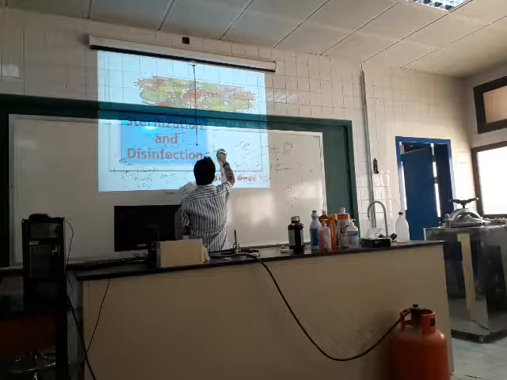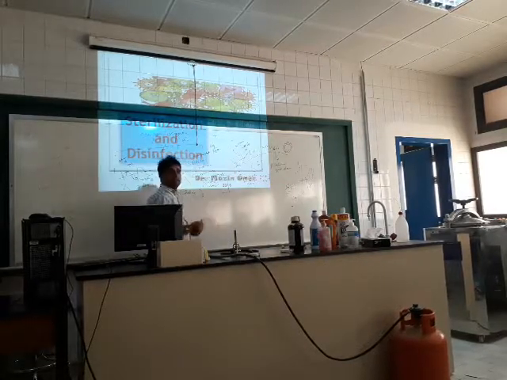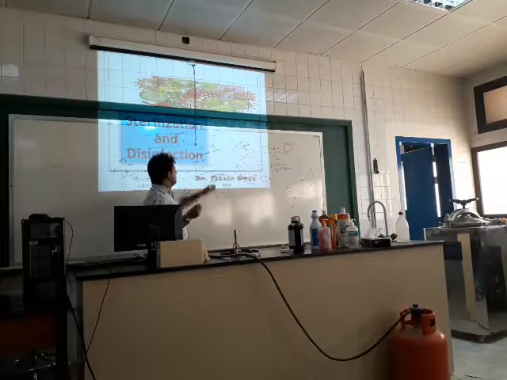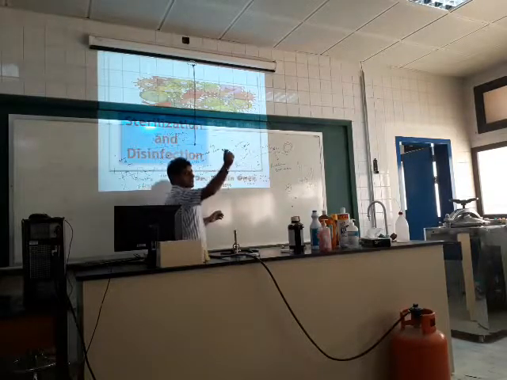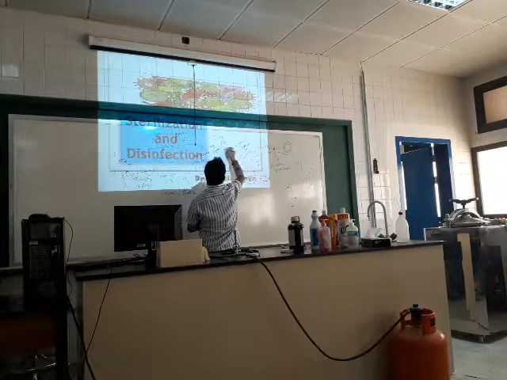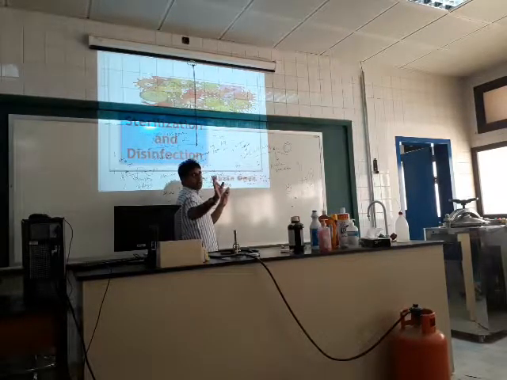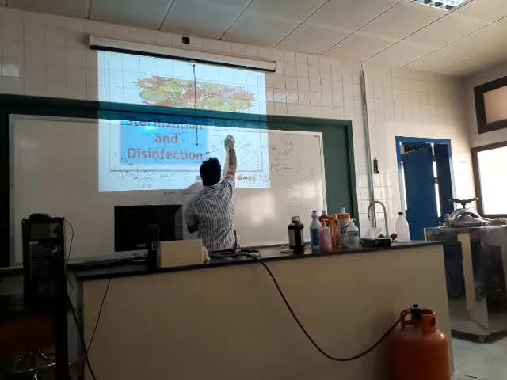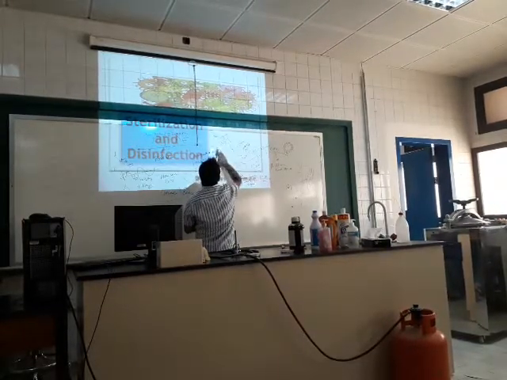Silver nitrate. You forgot. Silver is written in your PBL case in part number 2. So heavy metals include mercury, silver, gold. But for disinfection and sterilization, we use mercury and silver.